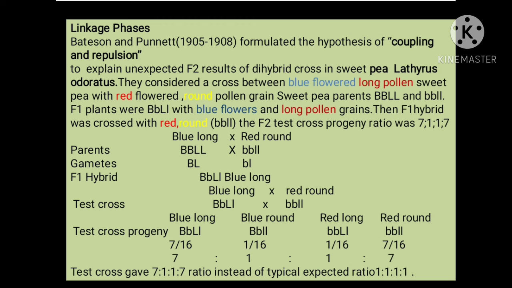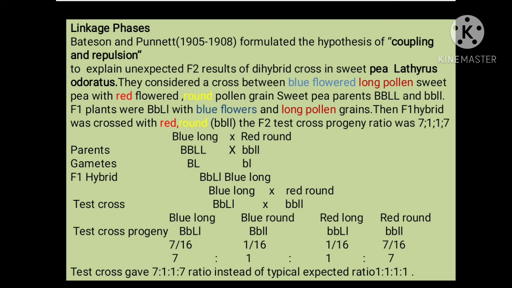The F1 plants were capital B, small b, capital L, small l, with blue flowers and long pollen grains. Then the F1 hybrid was crossed with a red round, that means small b, small l. The F2 test cross progeny ratio was 7 is to 1 is to 1 is to 7.